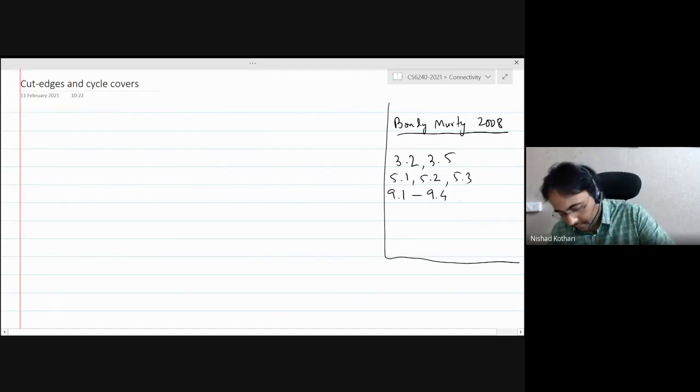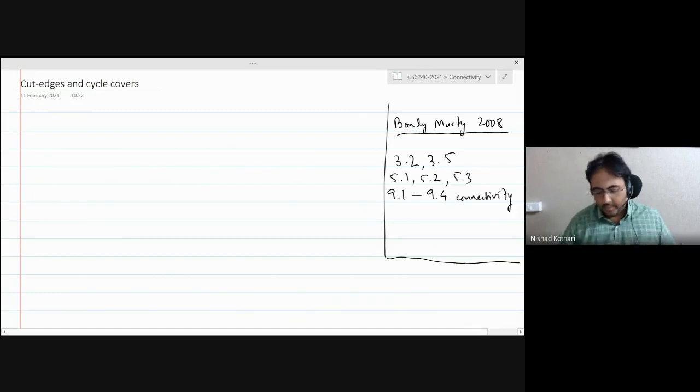This is the chapter on connectivity, but there are other topics that are also in some sense a subset of connectivity. So these are all the things we'll be covering in this module from the text. Of course, I may not present exactly the way it's presented there, but I will be using the same numbering for propositions, theorems, etc.